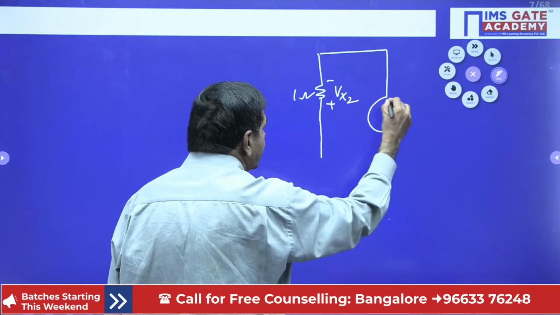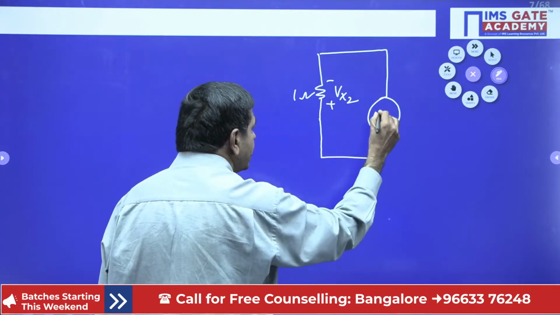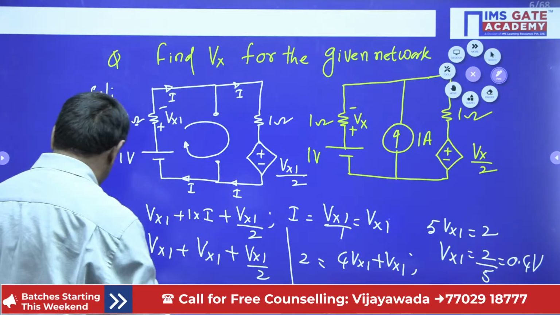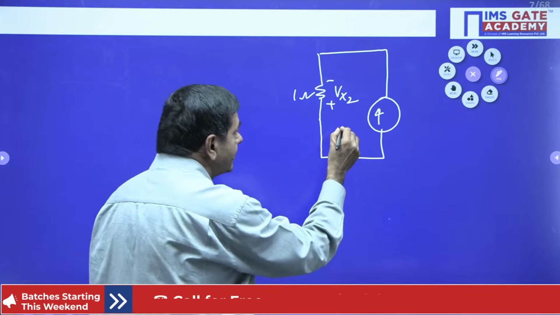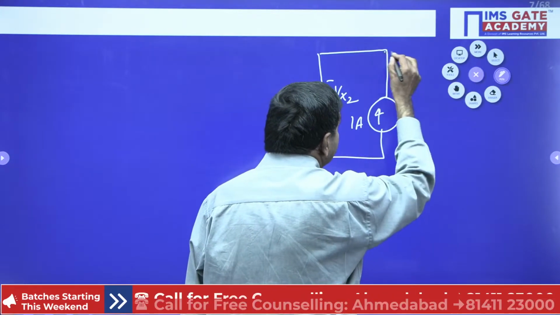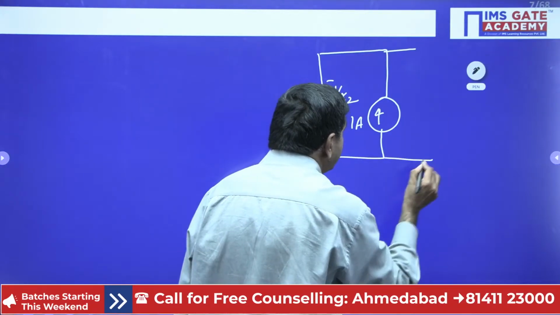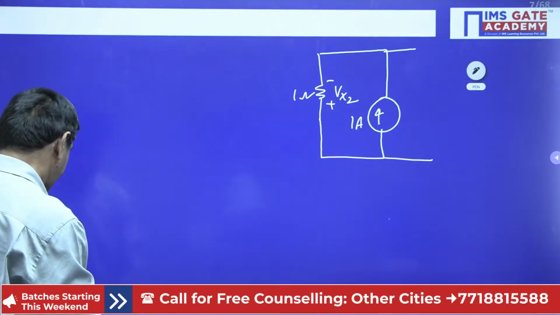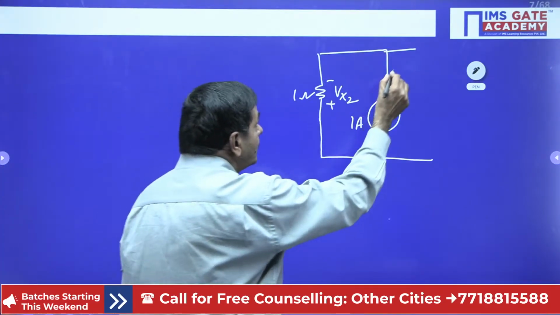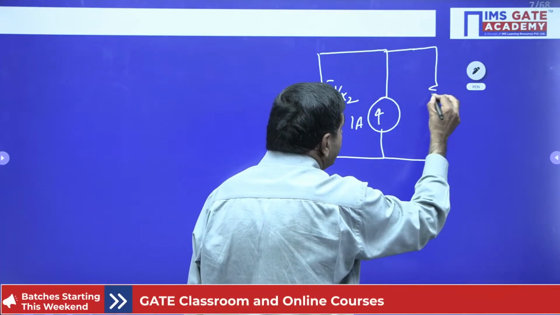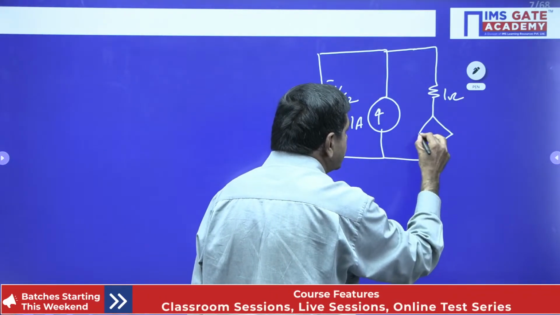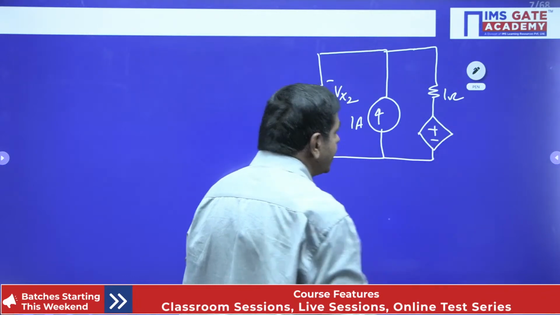We got here one current source. That current source is given here as 1 ampere. Yes, I will put this as 1 ampere. And also this side, what are we having this side? 1 ohm. This is 1 ohm. And also we got one dependent source, plus minus.